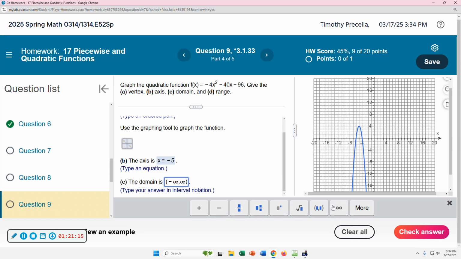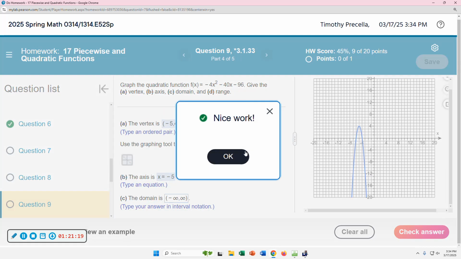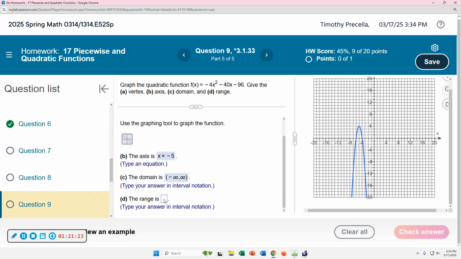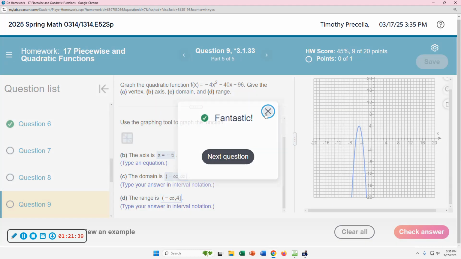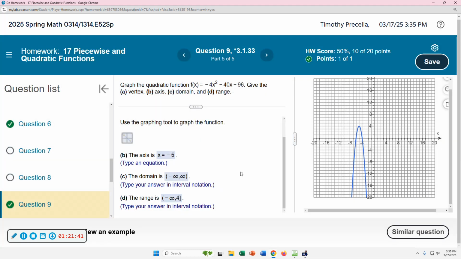Always put negative infinity to infinity in parentheses. And the range, parentheses, negative infinity, comma, what was that y value? 4, bracket. Any questions there?